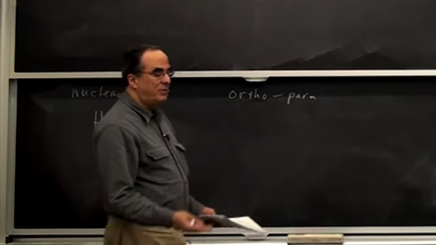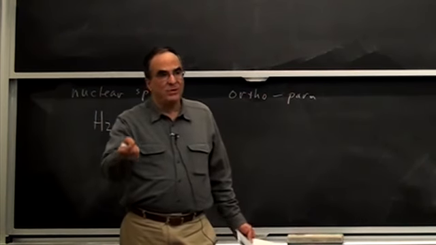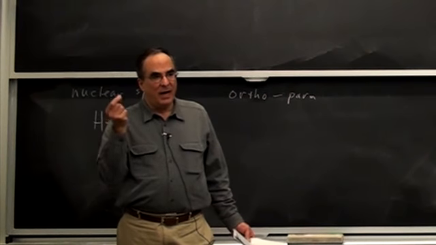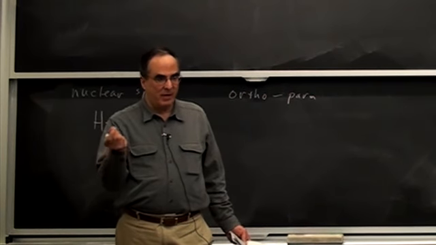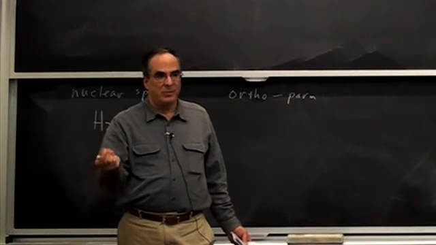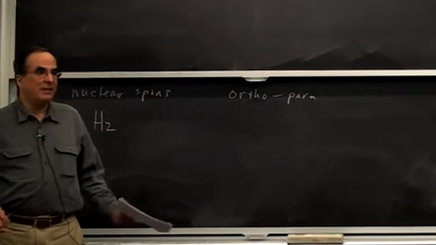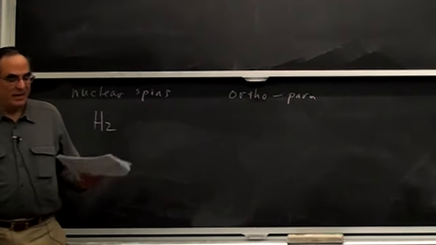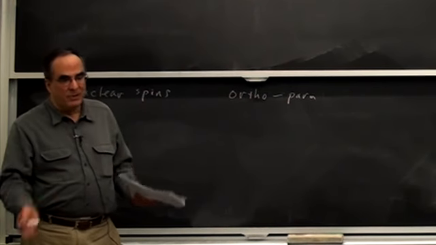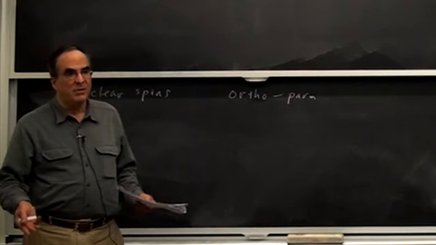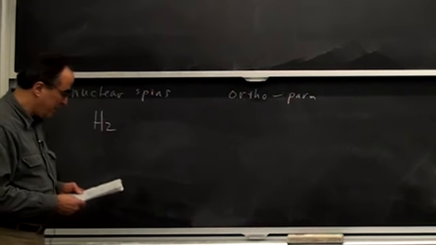And because you have identical particles, the wave function has to be odd with respect to permutation of fermions and even with respect to permutation of bosons. And if it's not even or odd with respect to all such permutations, you've written something which is not a legitimate wave function.